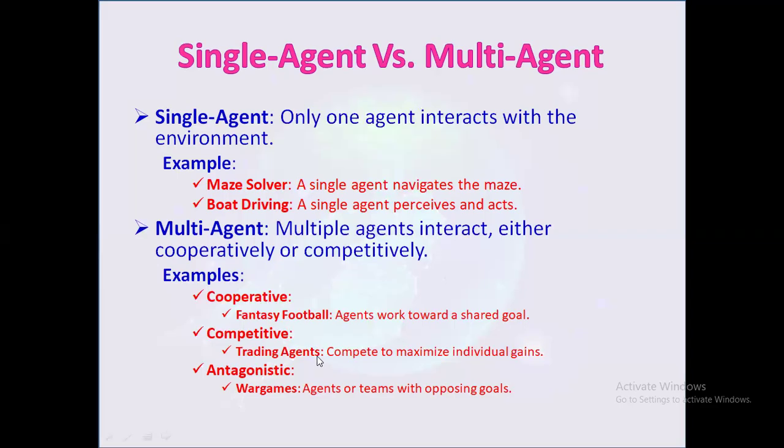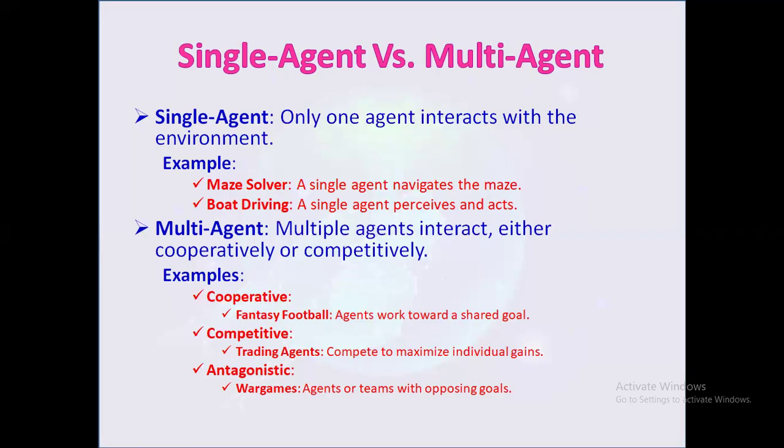Antagonistic example is war games. Teams or agents with opposing goals, that is, one side aiming to defeat the other, interact in a strategic environment, requiring each agent to anticipate and counter the actions of its opponents.